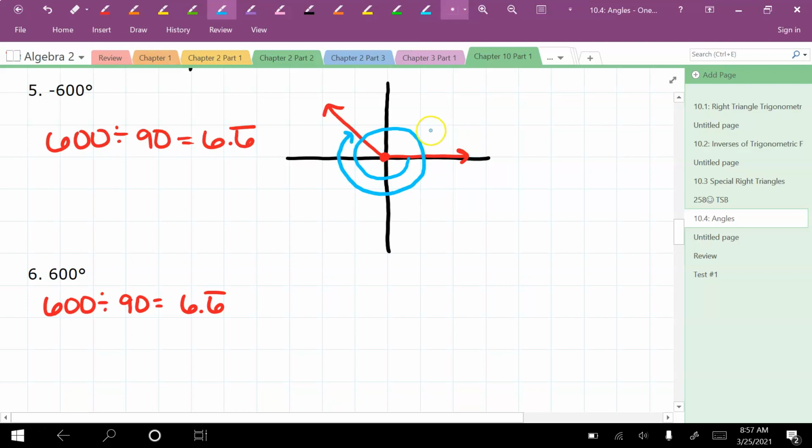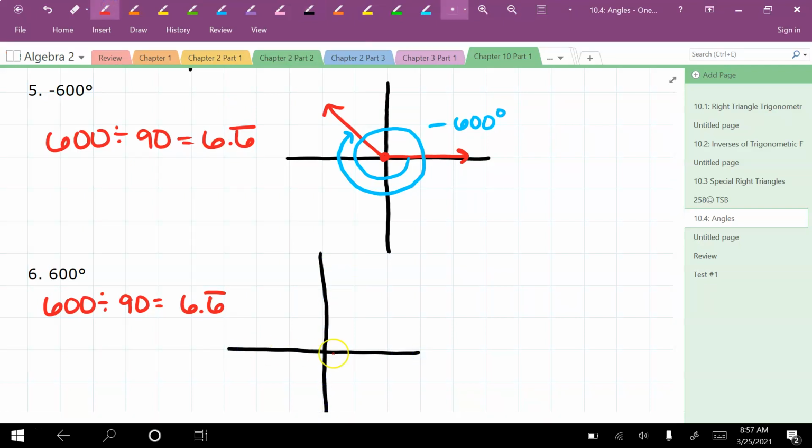So this is negative 600. Positive 600 is going to look very similar. It's just you're going the opposite direction. So you're going to end up down in quadrant 3 because this time you're going counterclockwise. So you're still going 1, 2, 3, 4, 5, 6, and then a little bit more, and that's positive 600.